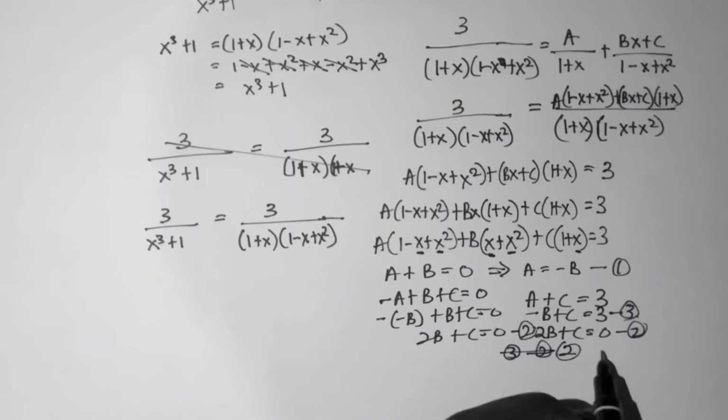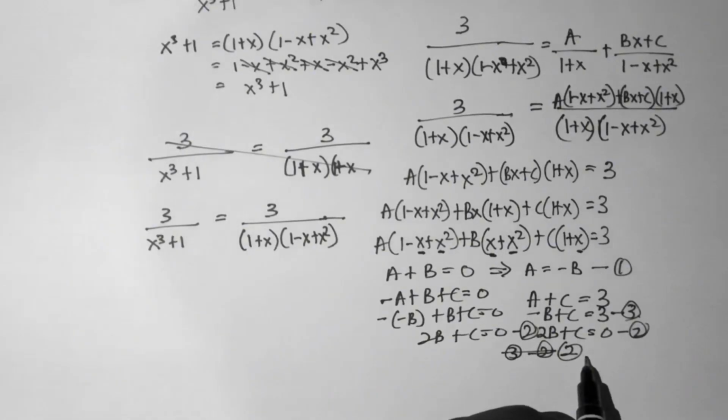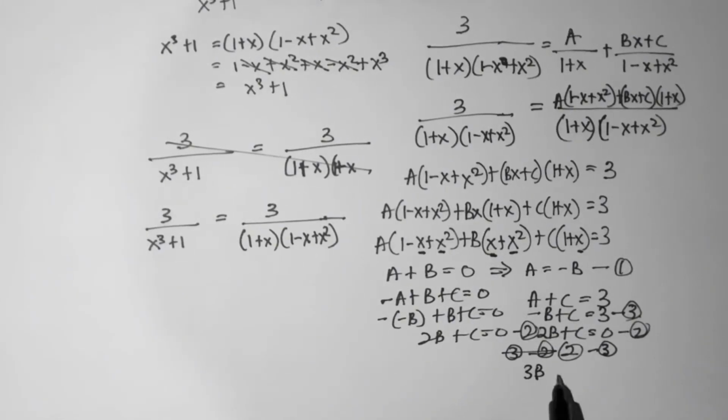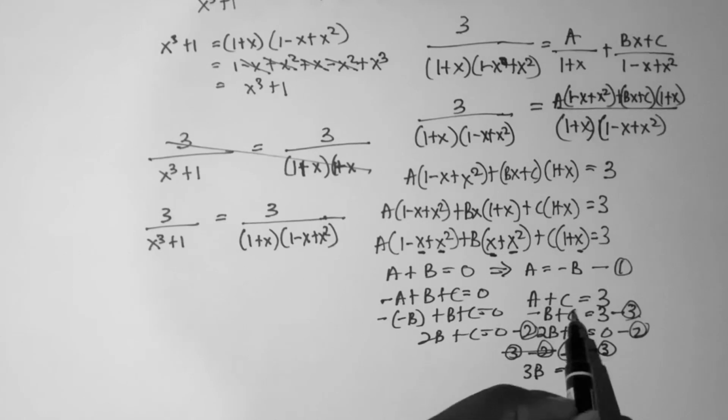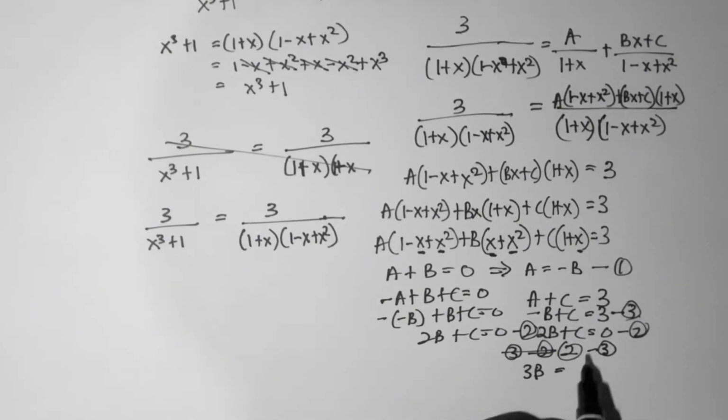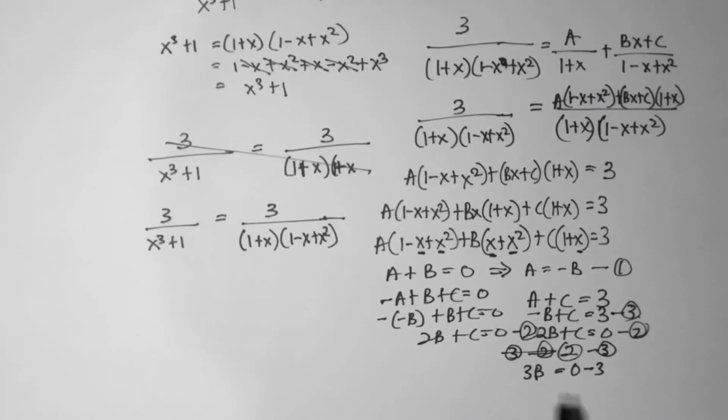In other words, we can subtract equation 2 minus equation 3. So this becomes 2B minus (minus B), which becomes 3B, and that is equal to, the C will go to 0, 0 minus 3.